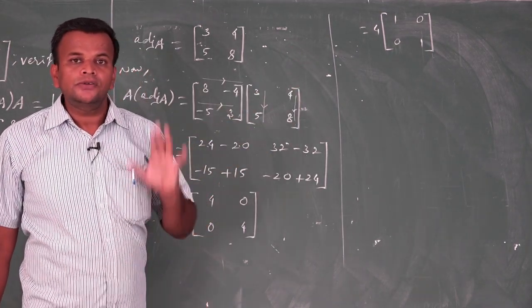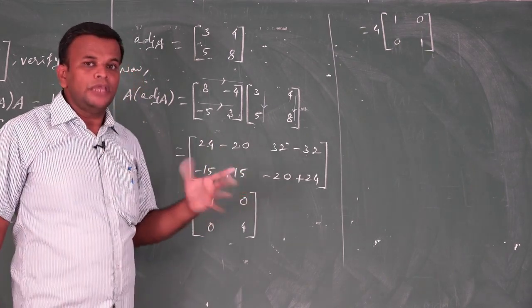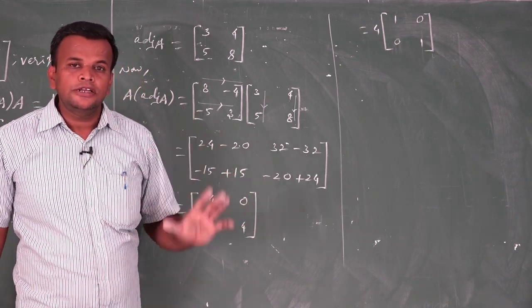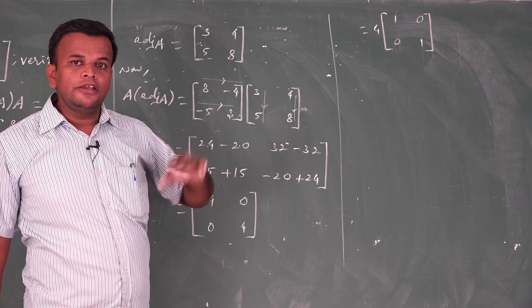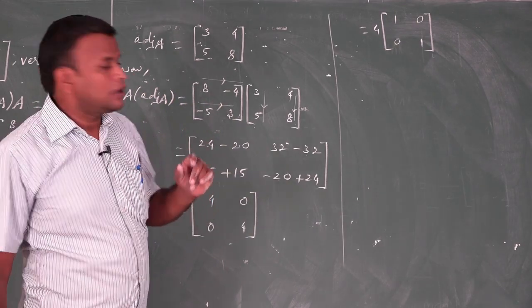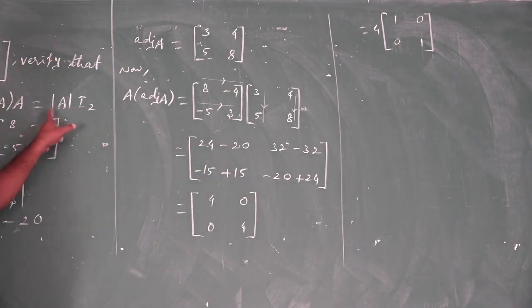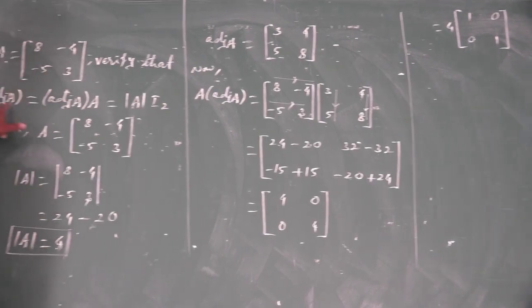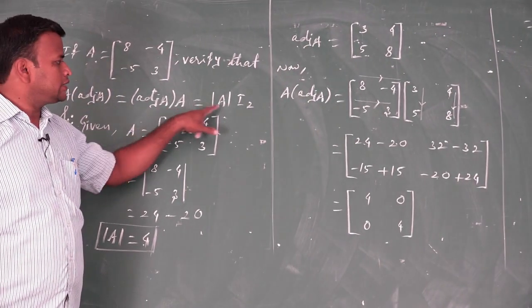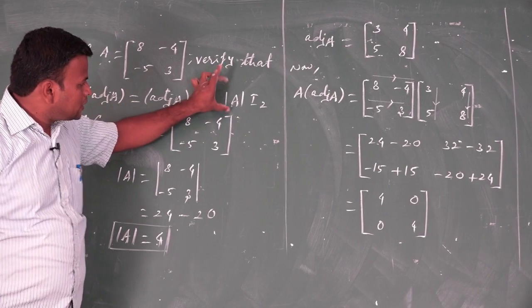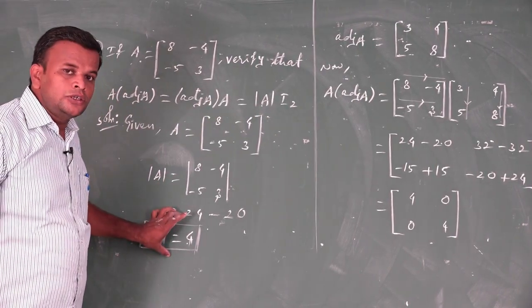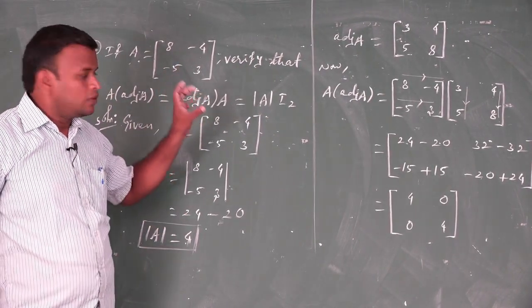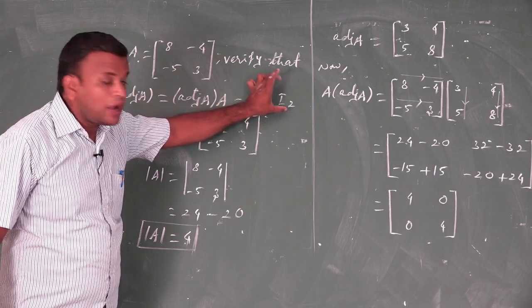What is the reason to take 4 outside here? The value of the determinant A is already found. That value is 4. You see in our proof, A into adjoint A and adjoint A into A is determinant A into I2. You see the determinant A value is 4, so I will take 4 outside. And the next one is I2, the identity matrix.